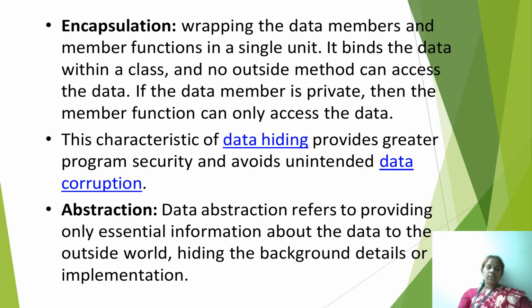This characteristic of data hiding provides greater program security and avoids unintended data corruption. And the next concept is abstraction. Data abstraction refers to providing only essential information about the data to the outside world, hiding the background details or implementation. So this is called abstraction.